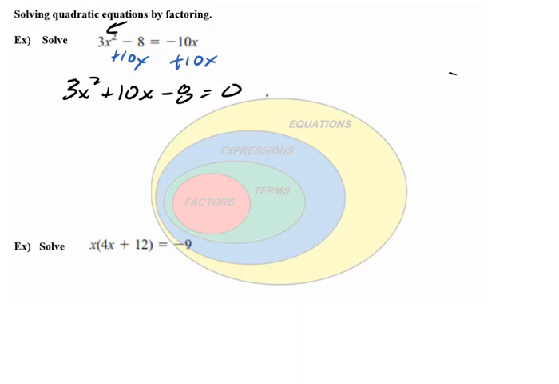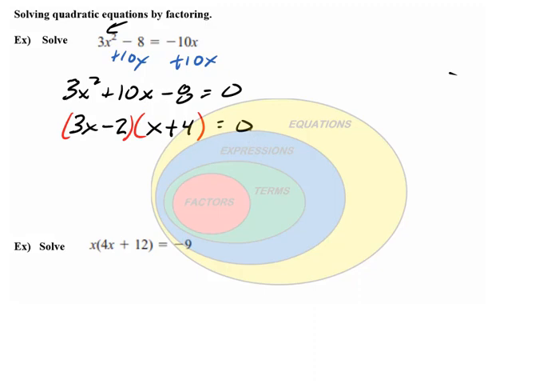So after we write it in standard form, we want to factor the left side. So the factors have to start with 3x and x. The second terms would be plus 4 and negative 2. So if you check the middle term, I get negative 2x, and 3x times 4 is 12x. I do get the 10x. So here's my two factors equaling 0.